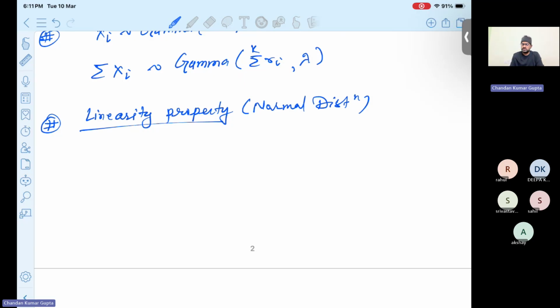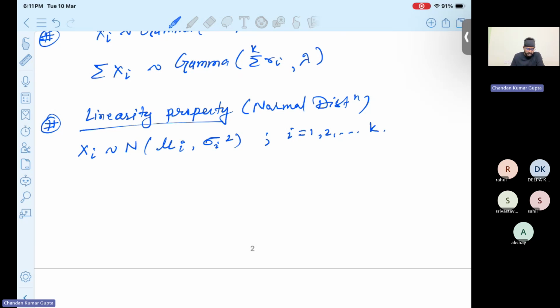So what happened in this? Suppose we have Xi following a normal distribution with parameters mu i and sigma i square, where i is taken from 1 to k. X1 follows mu1, sigma1 square, X2 follows mu2, sigma2 square, and so on.